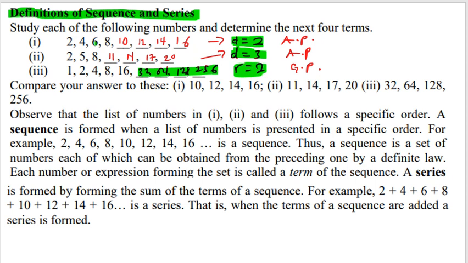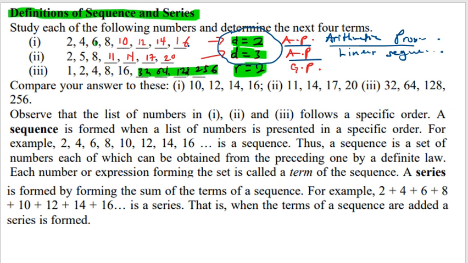Now, anytime a sequence has a common difference, that sequence is called an arithmetic progression, or we call it an AP. Another name for an AP is a linear sequence.